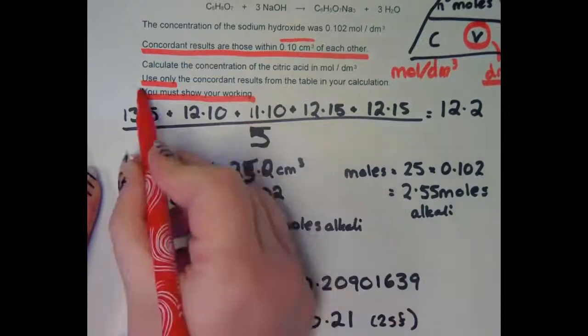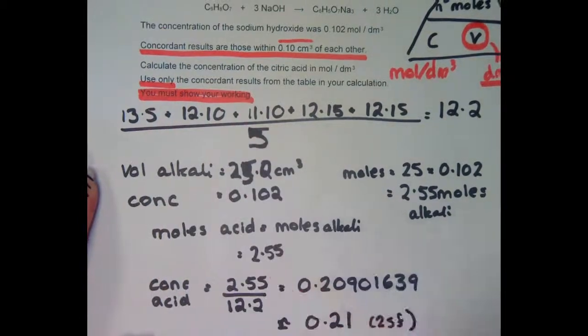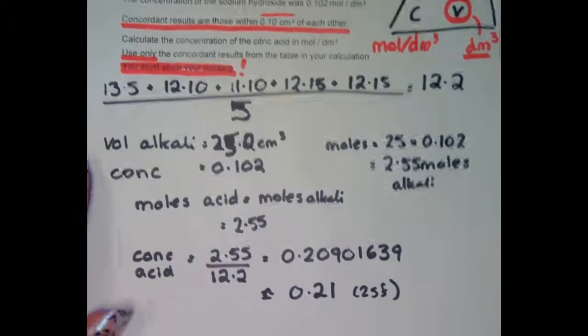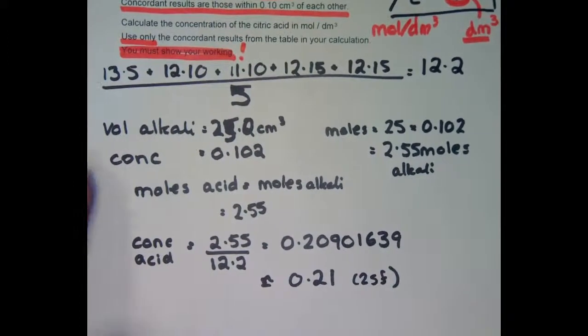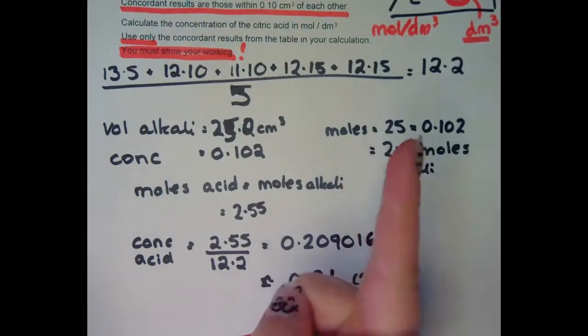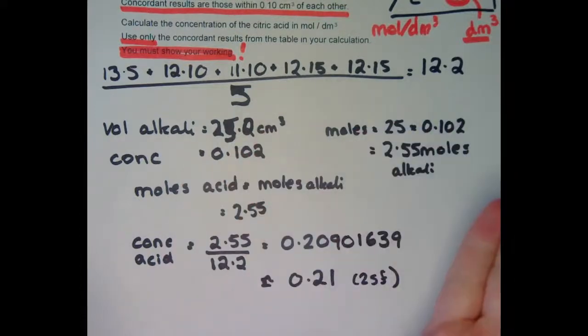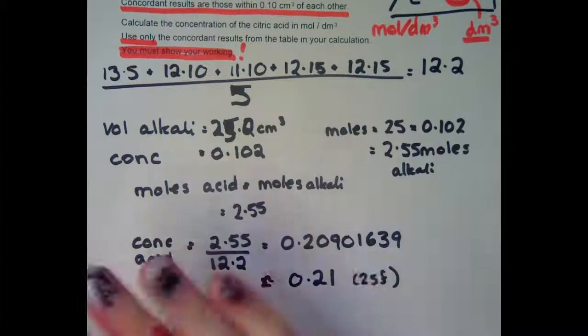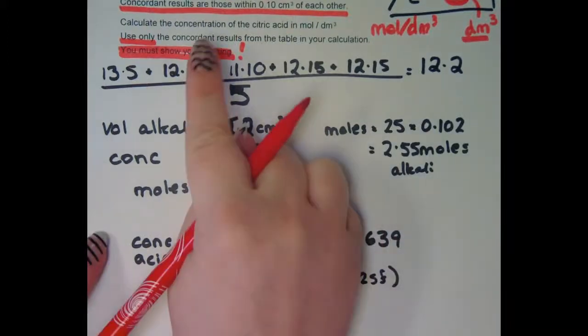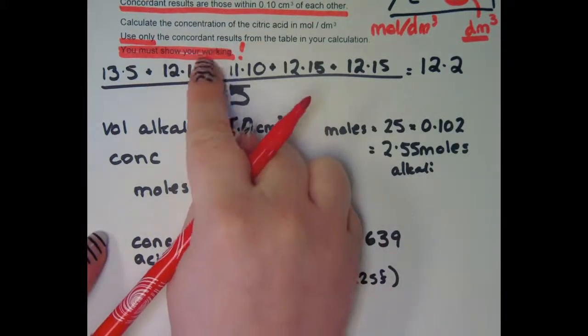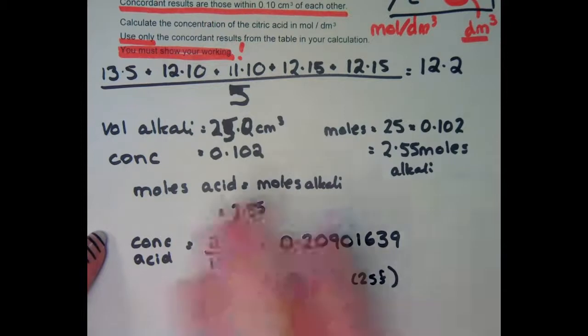If the question states you must show your working and you do not show it but still get the right answer, you will be limiting yourself to 1 mark. You will only be getting 1 mark for having the correct answer, despite the fact you might have done the calculation absolutely correctly. You will not get full marks if you do not show the calculation stages if it has asked for them.